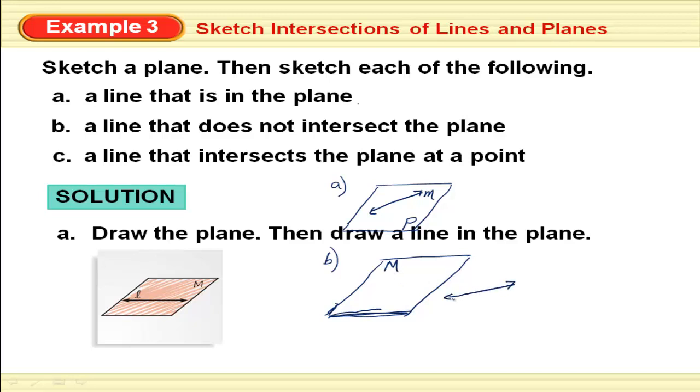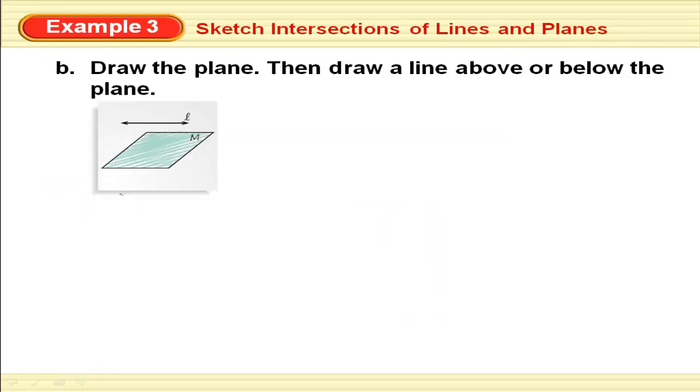So that would be a line outside of the plane. Okay? Let's see that drawing, which looks much nicer than mine. There it is. And letter C, on the other slide, we had to draw a plane and a line intersecting. So here's the plane.